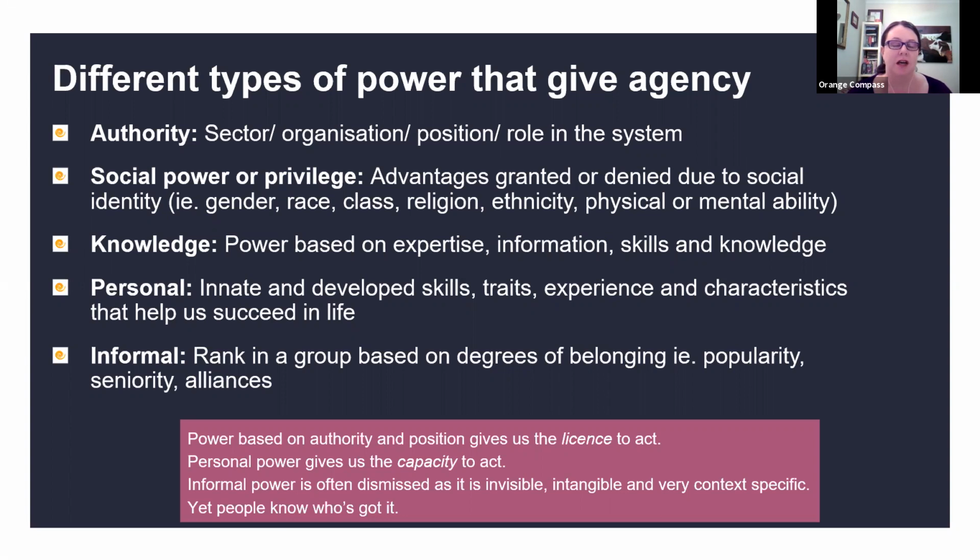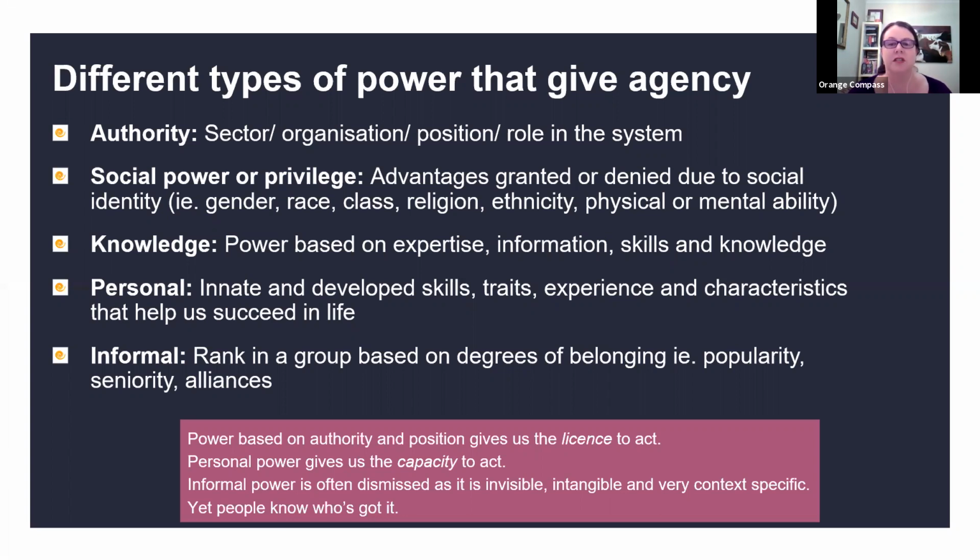So we can often claim the expert card as a type of power. Personal power, whether that's charisma, traits and skills to actually help us succeed in life. And informal power, rank in groups based on degrees of belonging. And that's a really interesting one because informal power is often dismissed because it's invisible, but we know who's got it. So it is still powerful, even if it's a different type of power.